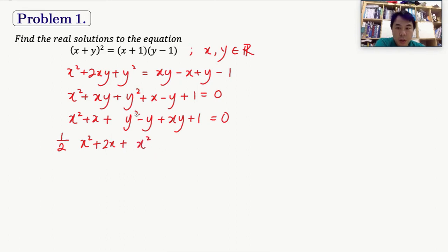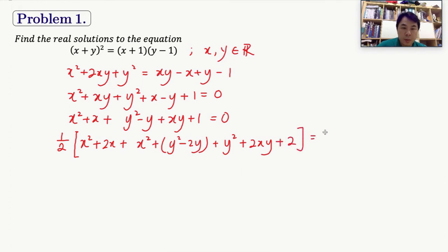Okay, for instance, another x squared plus a y squared minus 2y, and then of course we have another y squared here. Okay, another y squared, and then finally we have something like this plus 2xy, for instance, and then plus 2 here.